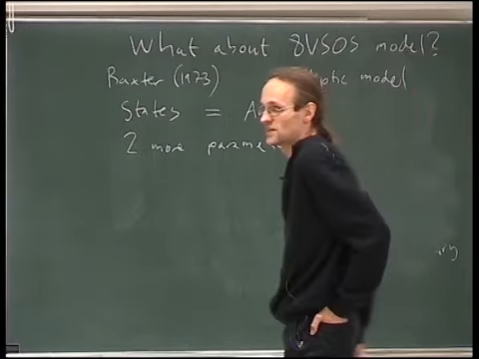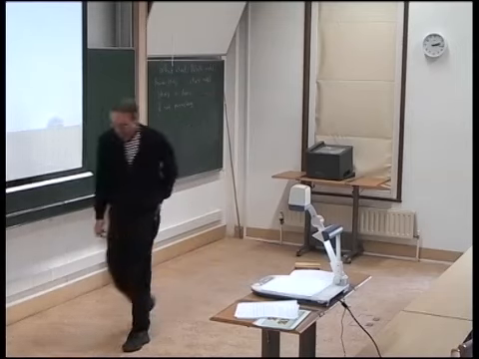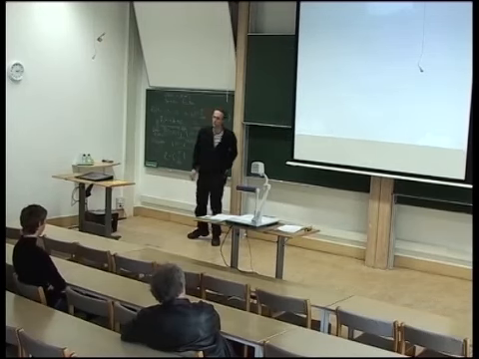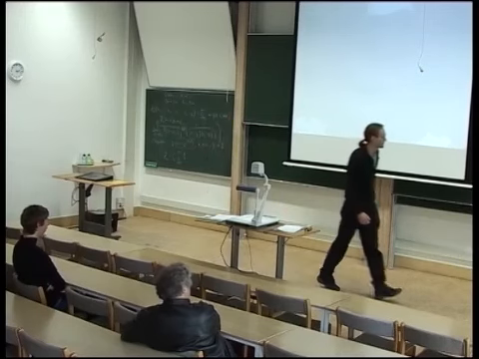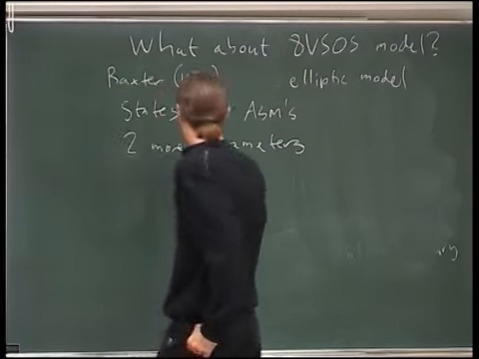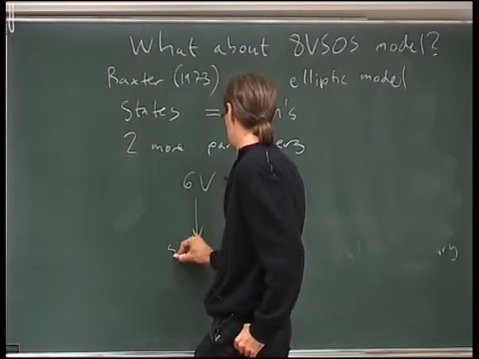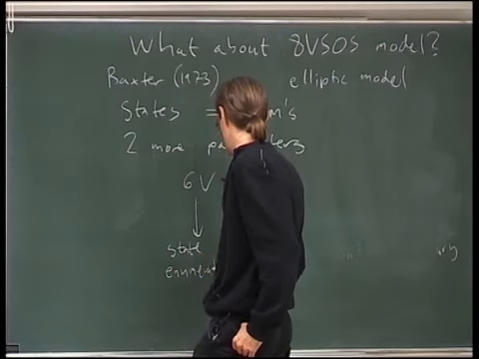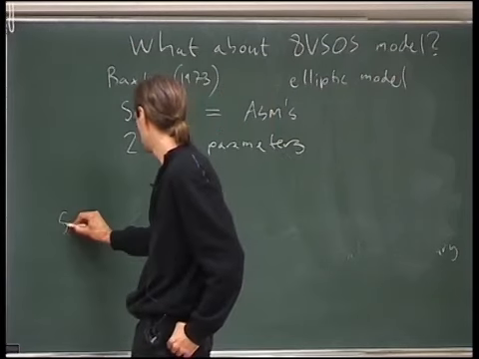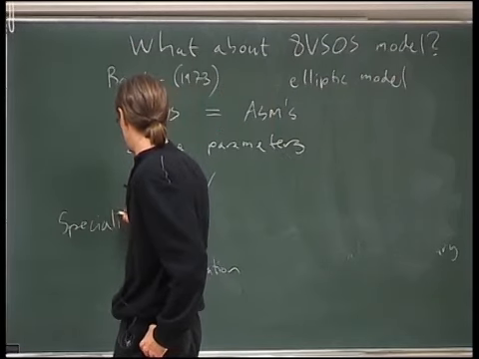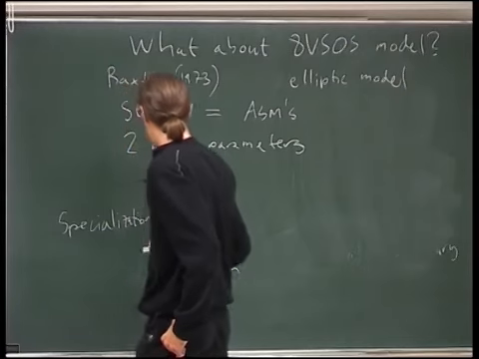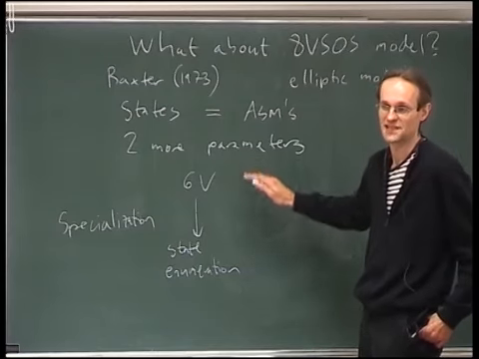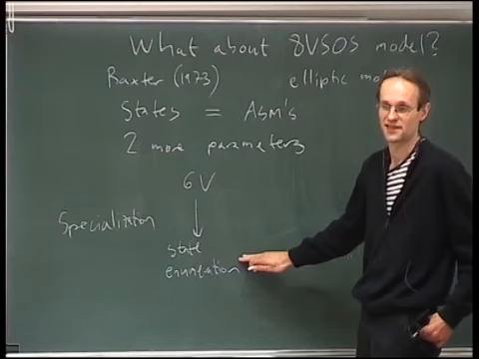So you can ask the question: what happens if you make exactly the same specialization of the parameters in that model? And it turns out that you get something quite interesting. For the six-vertex model, we just got some numbers, which were essentially the number of states.